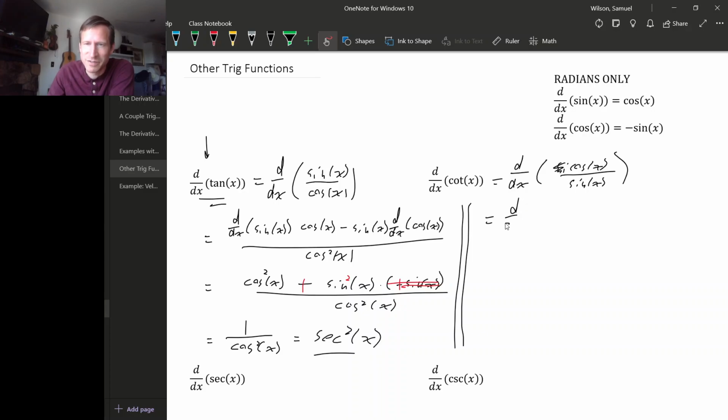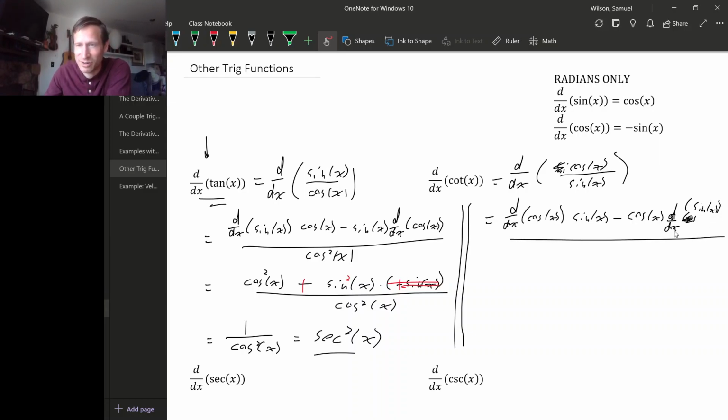So derivative with respect to x of cosine x times sine x with no derivative, minus cosine with no derivative times sine with a derivative, sine, there we go, okay, all over sine squared.